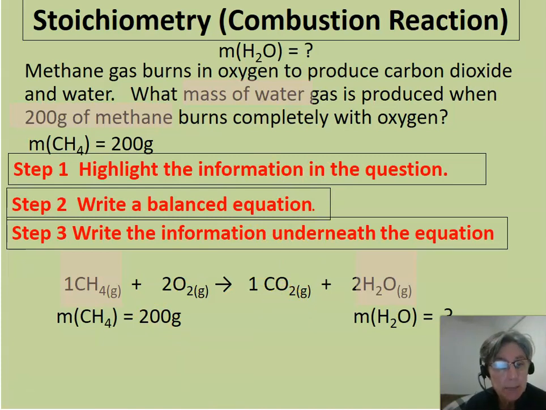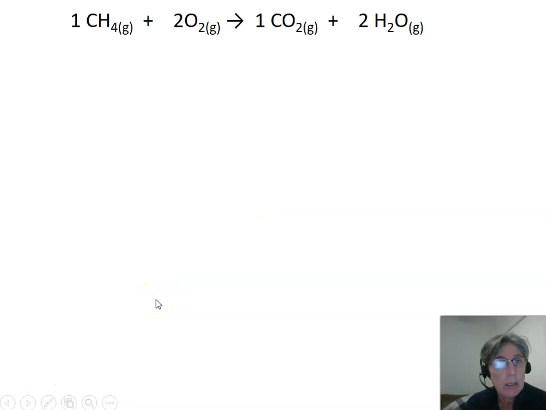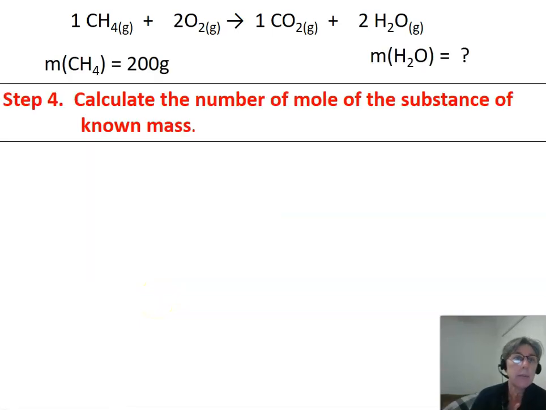So right underneath, highlight so you know the two things that you're connecting. And the reason that we want to know that is we want to know it's a 1-to-2. So we've got the mass. So the first step, we need to turn our mass into moles of methane. Calculate the number of moles of methane.